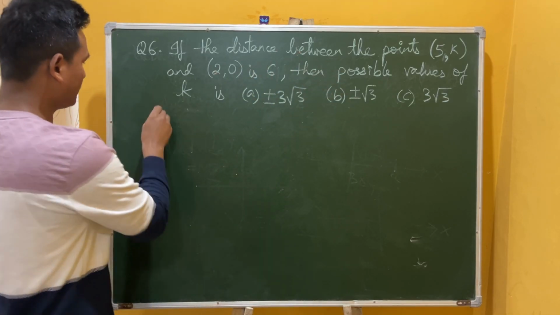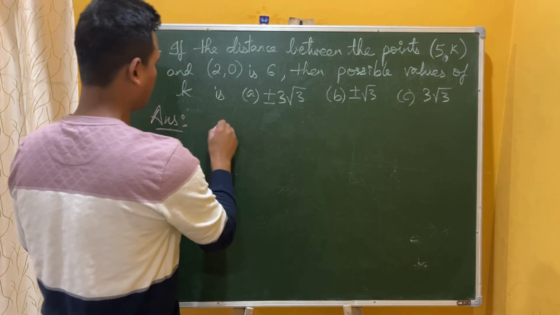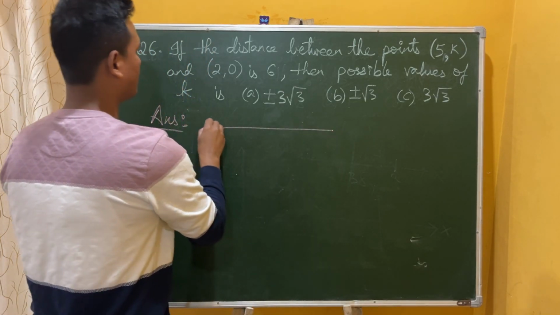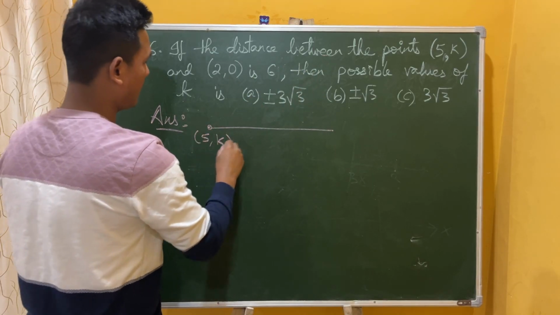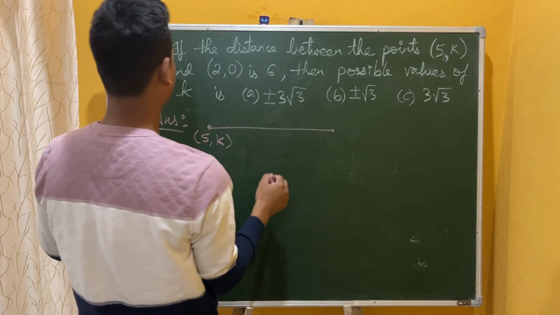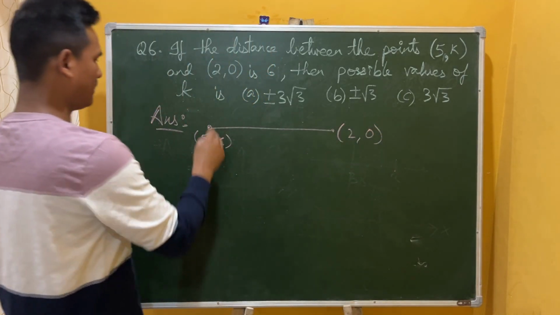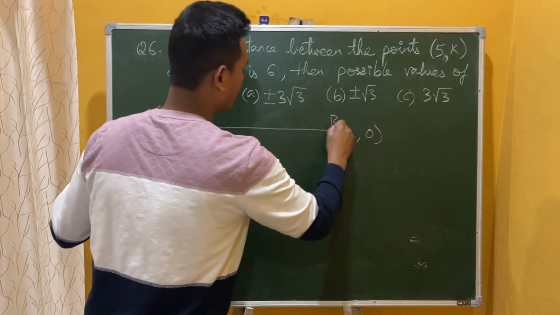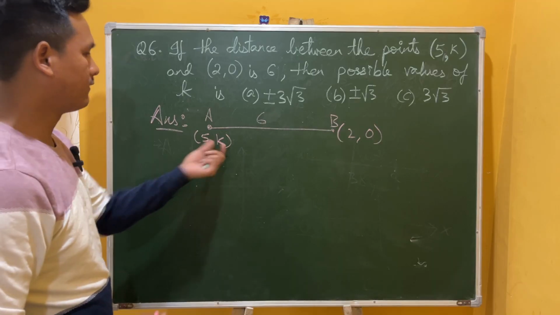Let us solve this question. Let the distance between 5 comma k and, let's say, 2 comma 0. So this is point A and B. The distance is 6. So what are the possible values of k?